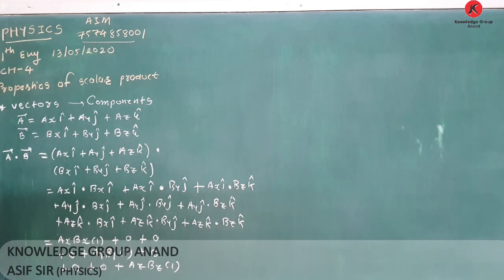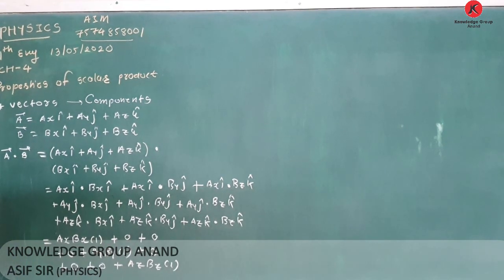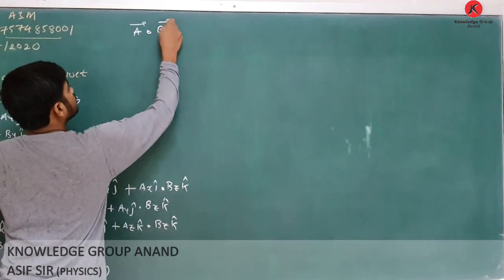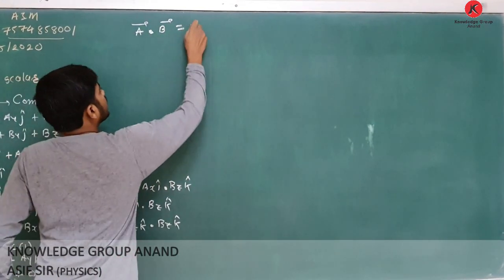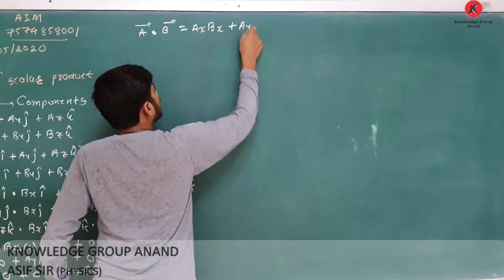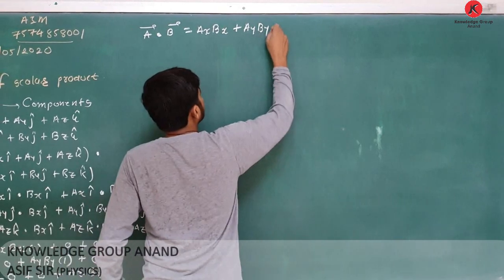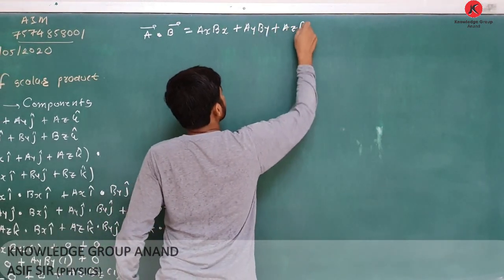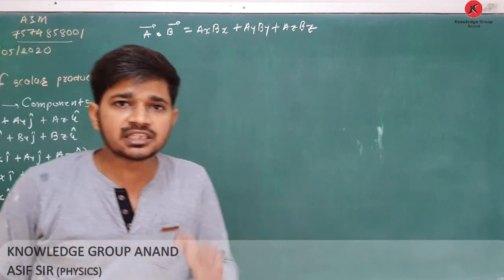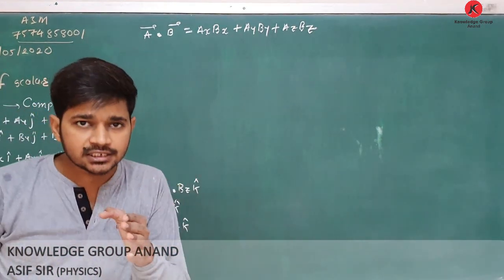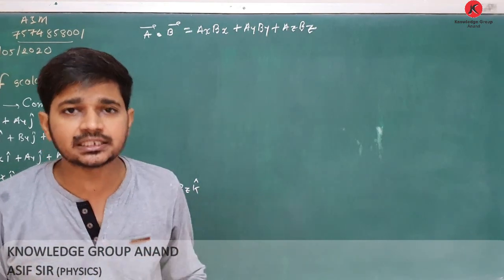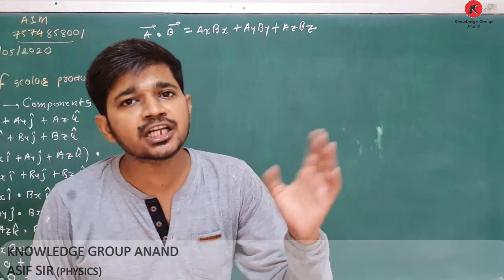So finally, what you have to remember: A dot B is equal to Ax Bx plus Ay By plus Az Bz. In short, how to remember? The dot product means the product of the x components plus the product of the y components plus the product of the z components.